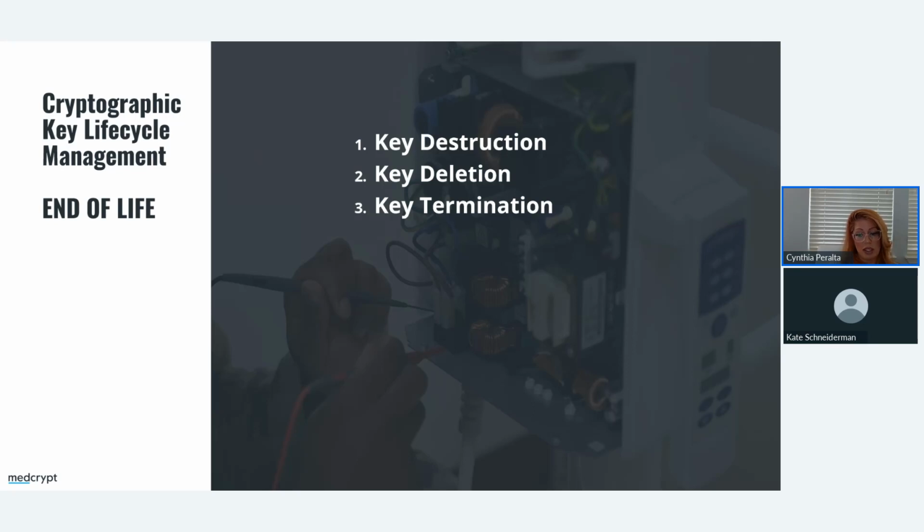Instances of this key may continue to exist at other locations, for example, for archival purposes. And then key termination. All instances and information of the key are completely removed from all locations, making it impossible to regenerate or reconstruct the key other than through a restore from a backup image.